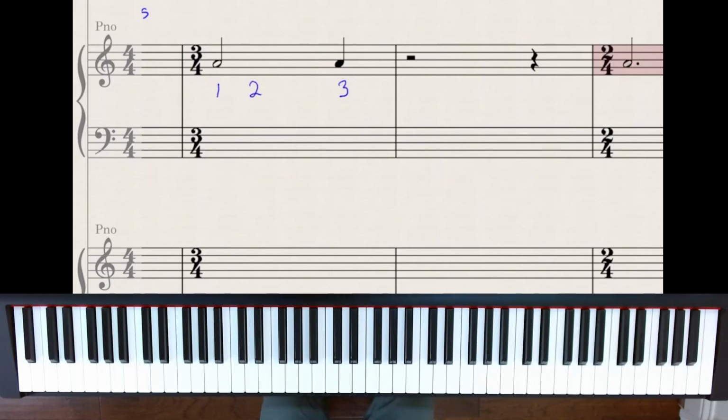And it'd be the same thing for the half rest. It would get 2 beats of silence, and the quarter rest would get 1 beat.